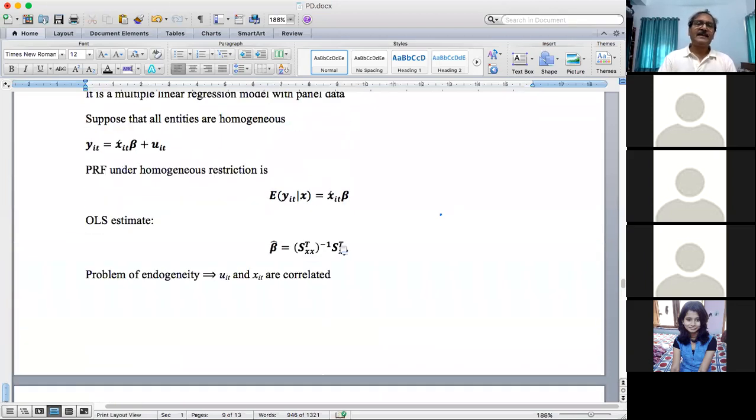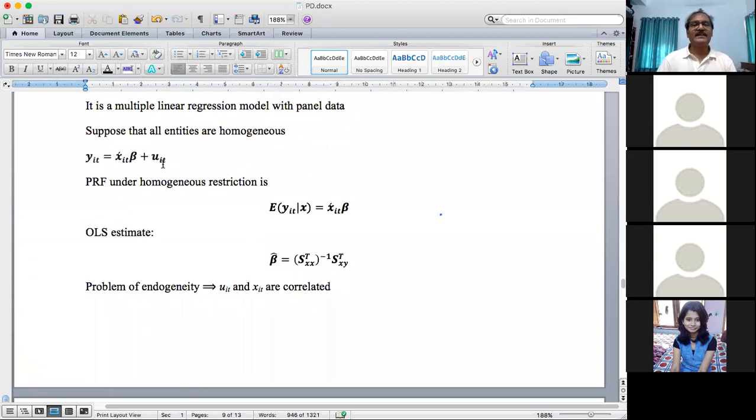In other words, if you want to estimate this multiple linear regression model with cross-section data or with time series data, you have to face the problem of heterogeneity, and you cannot eliminate this problem in a simple manner. But if we have panel data, we can eliminate this problem of heterogeneity.